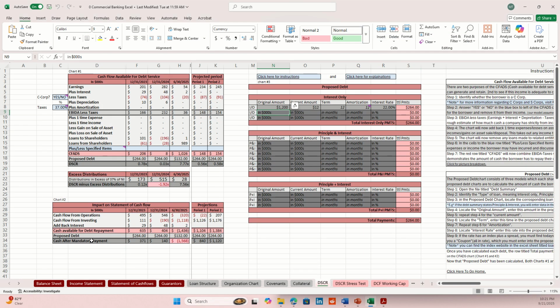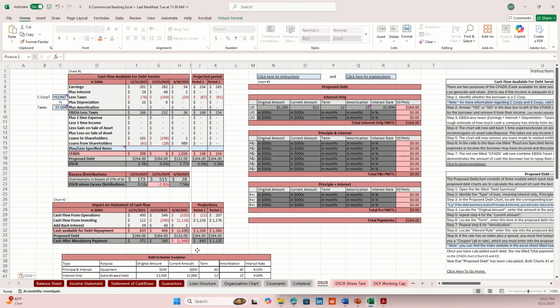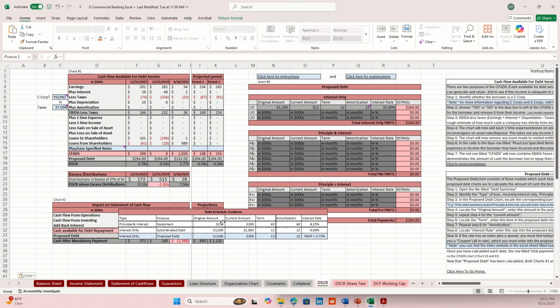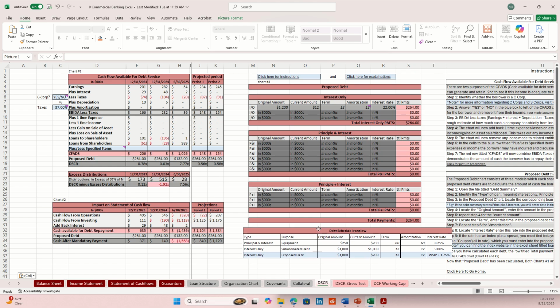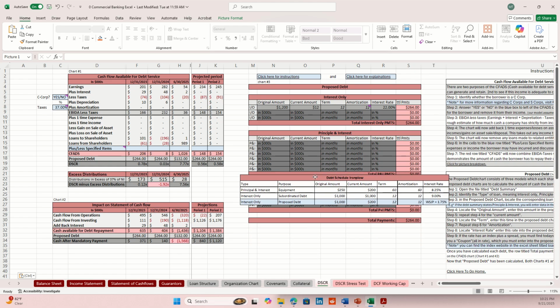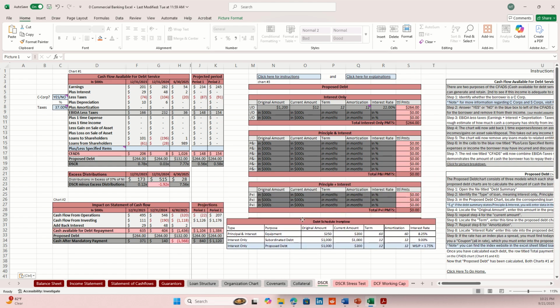So I'm going to copy that, and then I'm going to paste that here, so that way I don't have to go back and forth. So in that document, we have the debt schedule. What the debt schedule tells us is how many loans they have outstanding, and then it tells us their repayment policies for those loans.